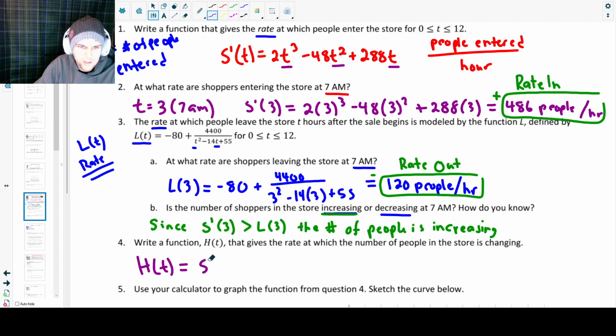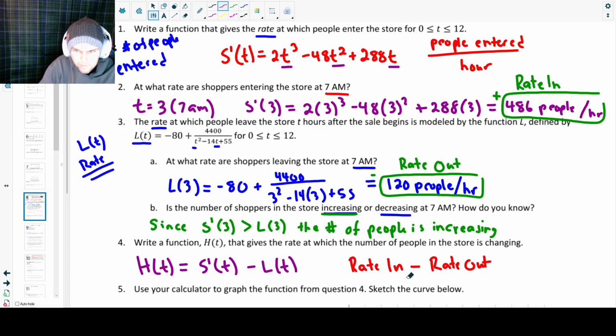So our rate in function is s prime of t minus our rate out function, that is our L of t. And we could actually write out the rules for those functions, but to keep it sort of simple here, this is the way that I'm going to write it. And again, the basic idea here is rate in minus rate out. When we do that, we see the total change that is happening in this situation. That is the rate of change of the shoppers.